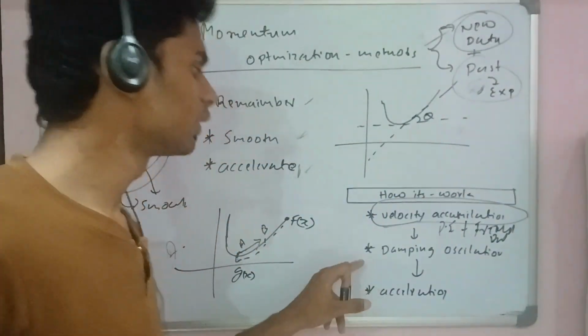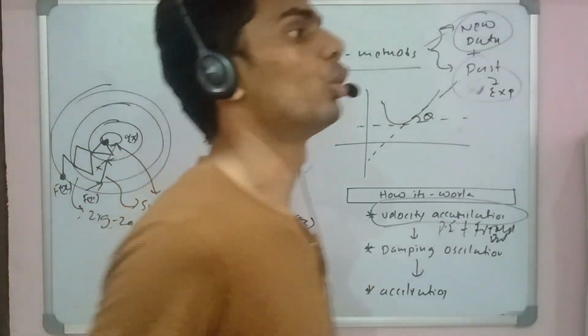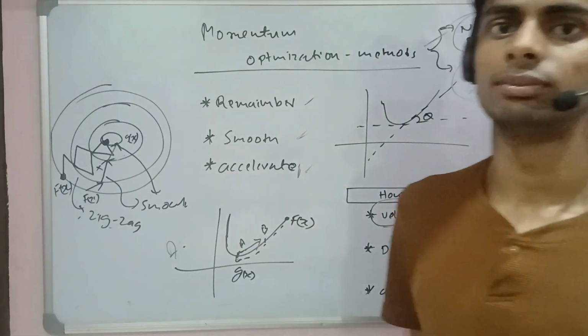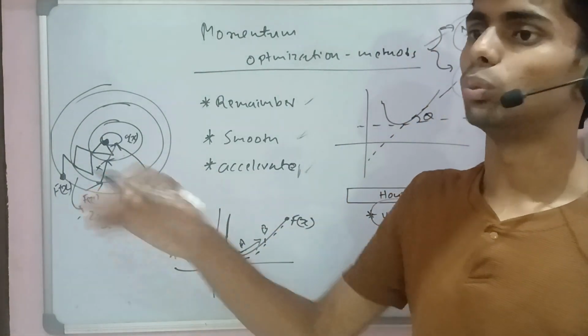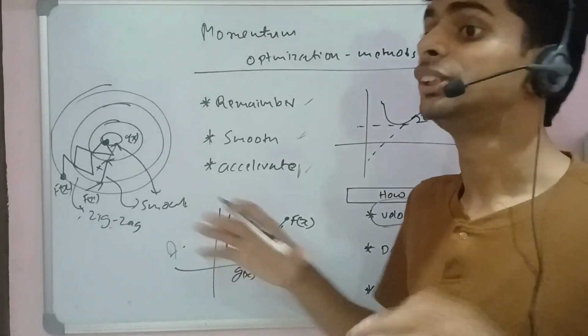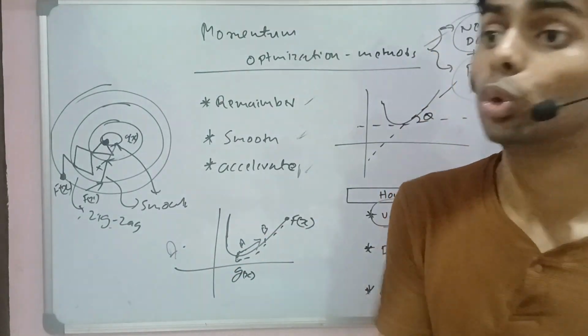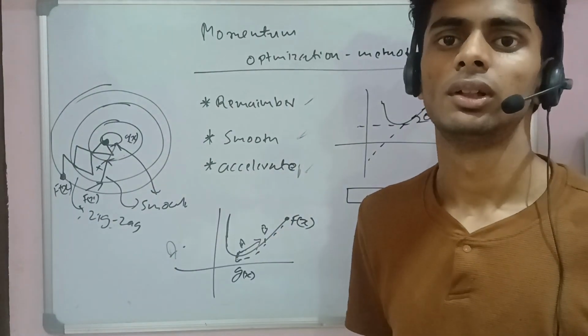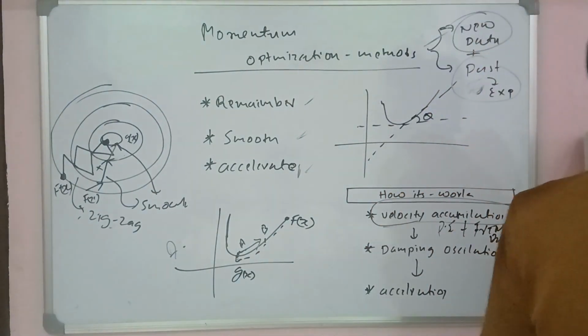Then you move toward the damping of oscillation, which reduces the odd zigzag movement. We are not moving in a zigzag way. We try to make a smooth path where we move straight forward without any turnover or left or right.